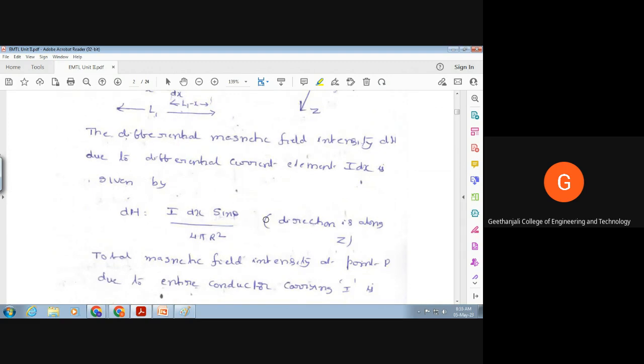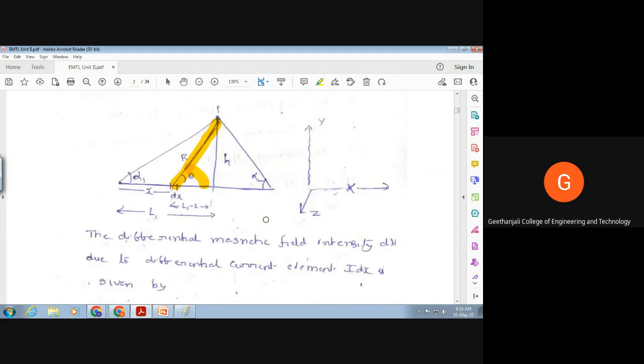What about the direction of the magnetic field intensity? Once we assume that point P lies on the xy plane, the line joining point P to one end of the conductor, this r, and the line joining point P to the other end of the conductor, all these lines will be lying in the xy plane.